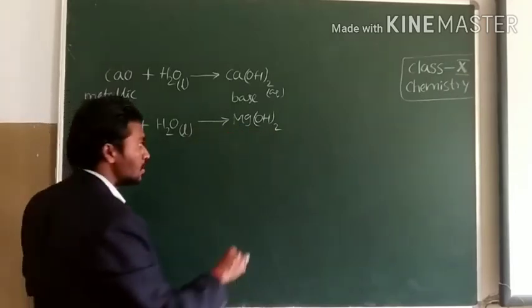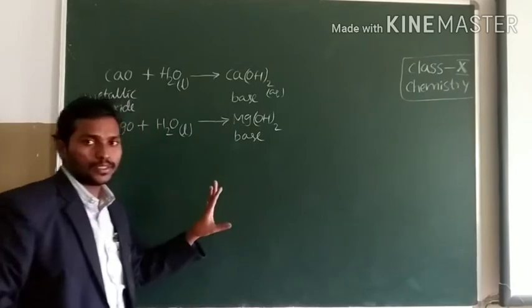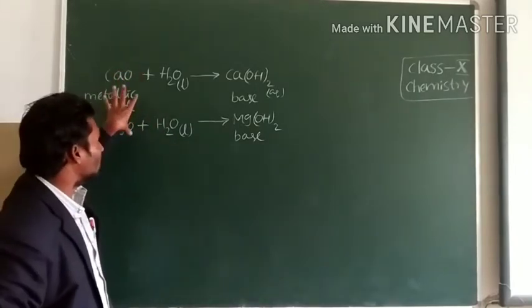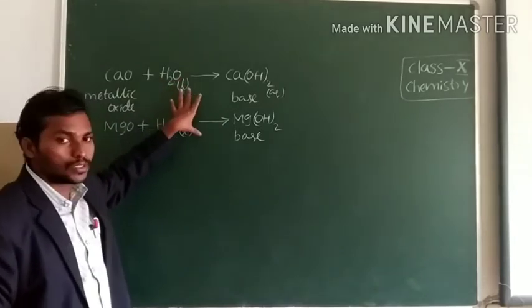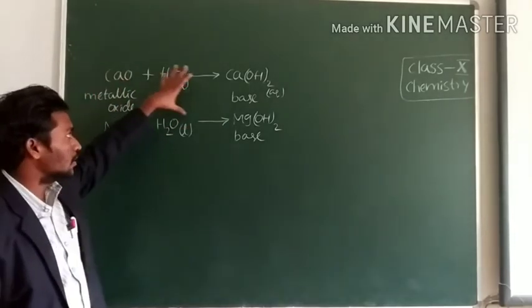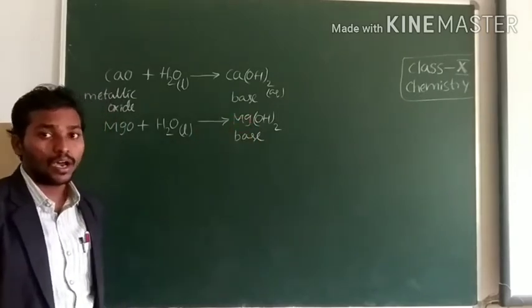Magnesium hydroxide is a weak base. So based on this, we can say that metallic oxides are basic in nature because aqueous solutions of metallic oxides are basic in nature. So they are also called alkalis.